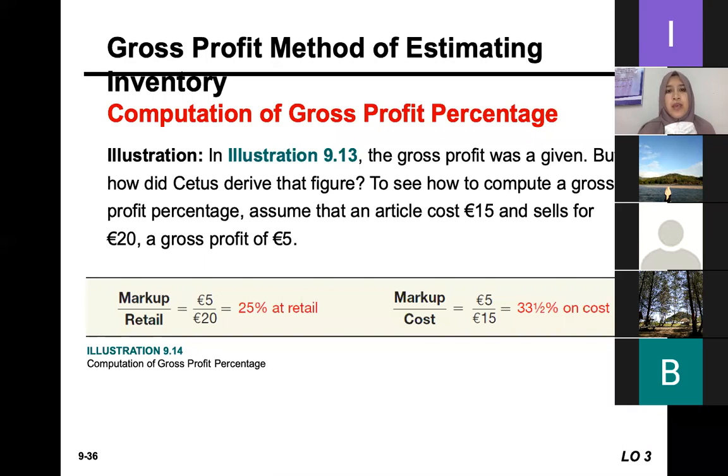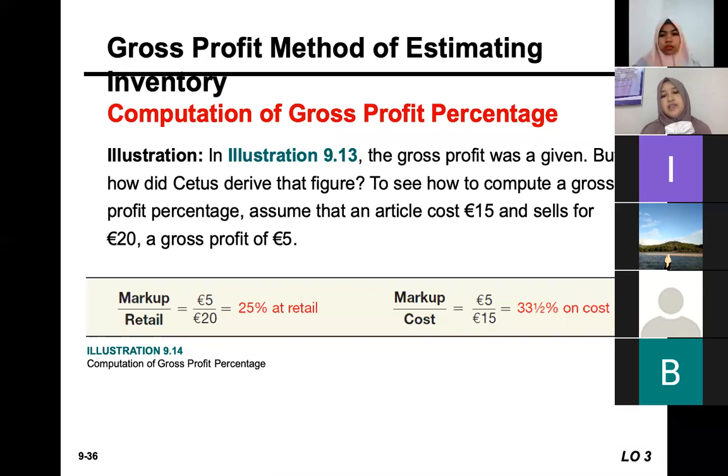But you have markup on retail price and markup on cost. For markup on cost, you take the gross profit divided by the cost, then you get the markup on cost.